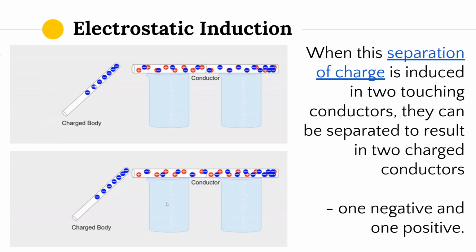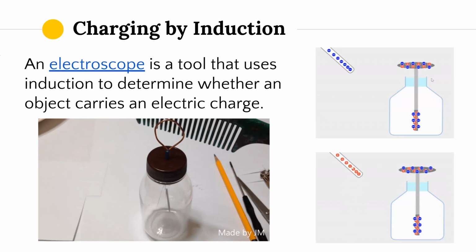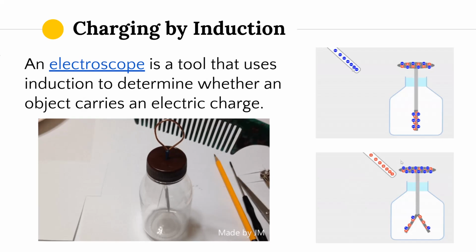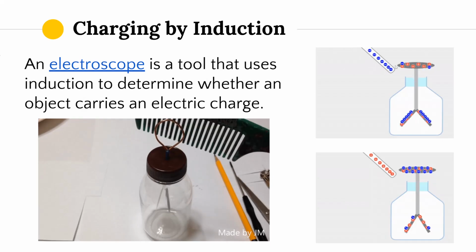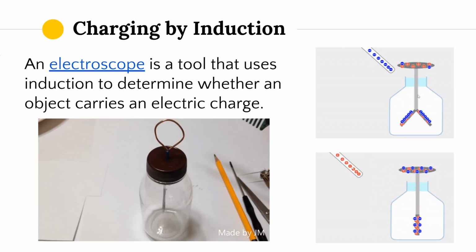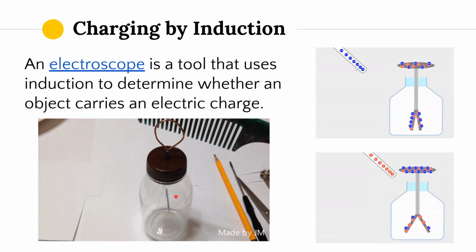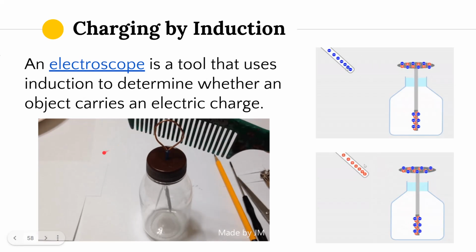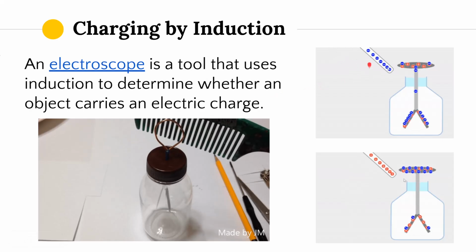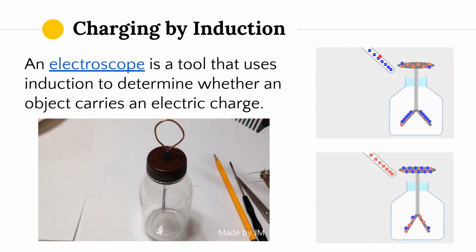There's another way to do it as well, and it's a different way that you saw in the simulation where you used the electroscope. We talked about the electroscope yesterday. The electroscope also uses polarization, because if you bring a charged object near the top of your electroscope, it causes the separation of charge. That's literally how it works.